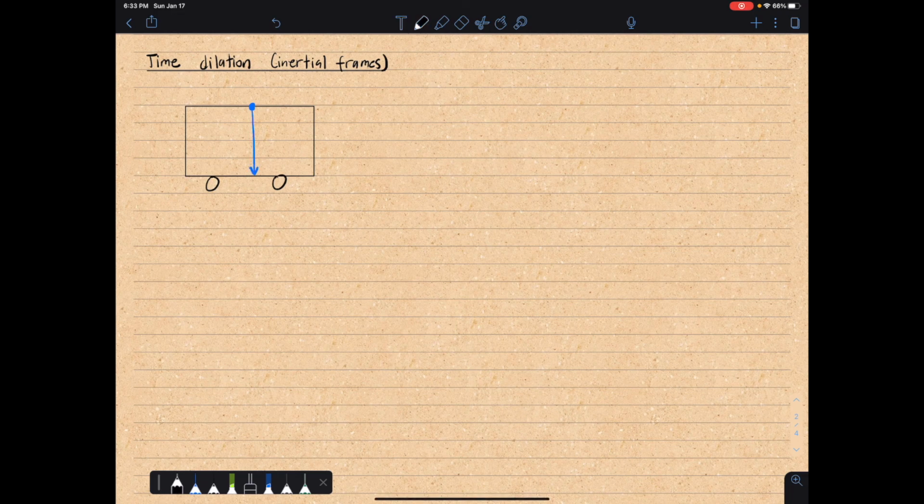So first, let's solve this problem in the train frame. In this frame, the light ray goes straight down. So if the train has a height of h, then we know that h equals c times delta t prime.